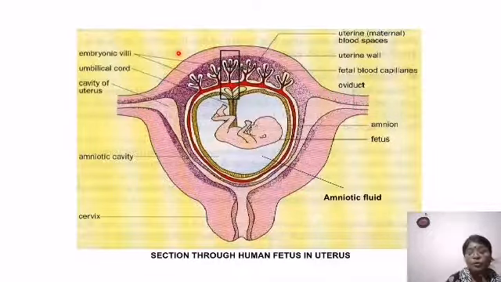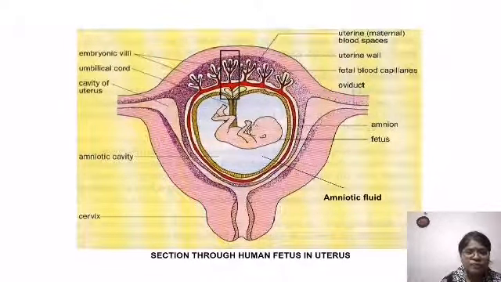As it grows, it forms kidneys and urinates in that fluid. The cells of that baby also come into it, which is very important. Clinically it helps us to know about various diseases and genetic disorders, and that technique, called amniocentesis, we are going to read about later.